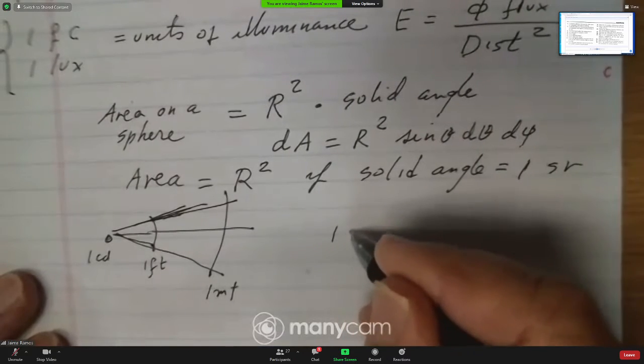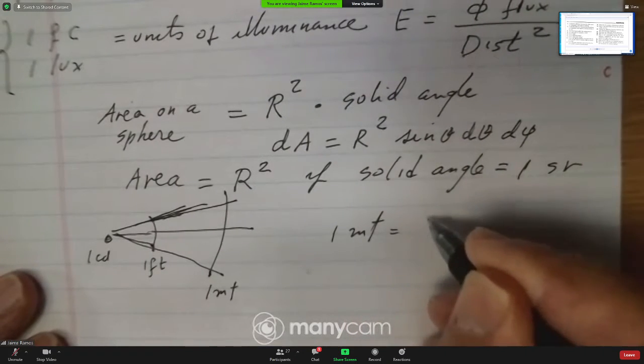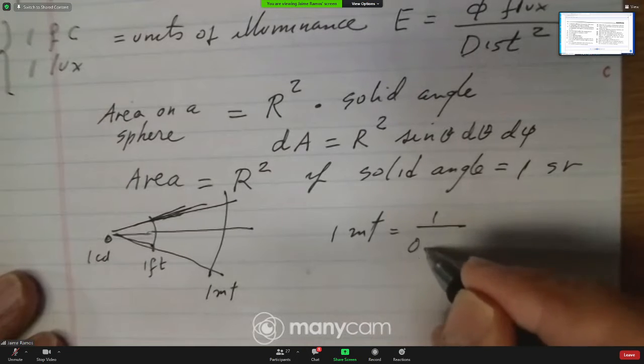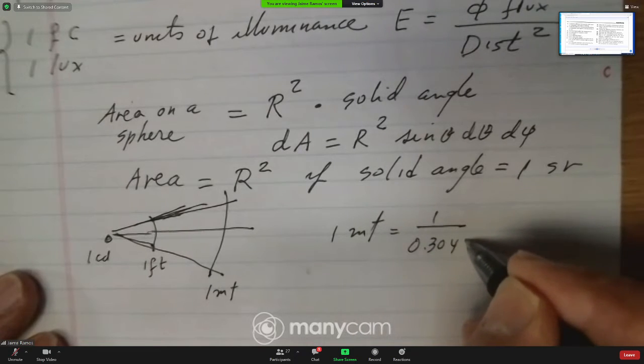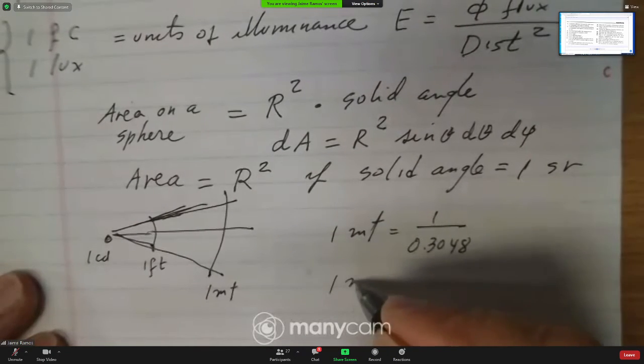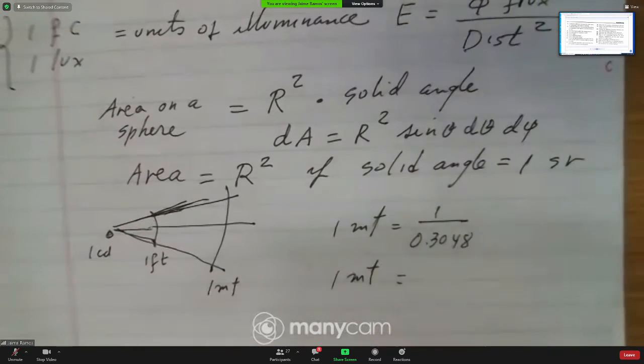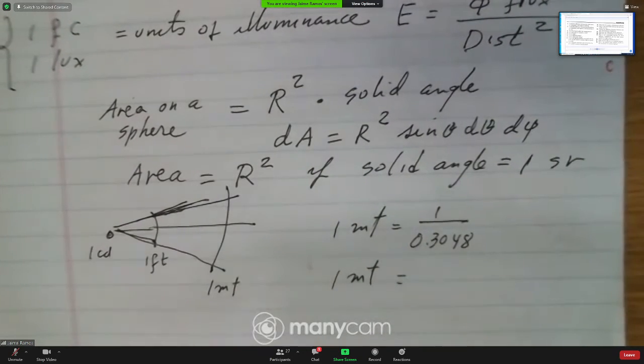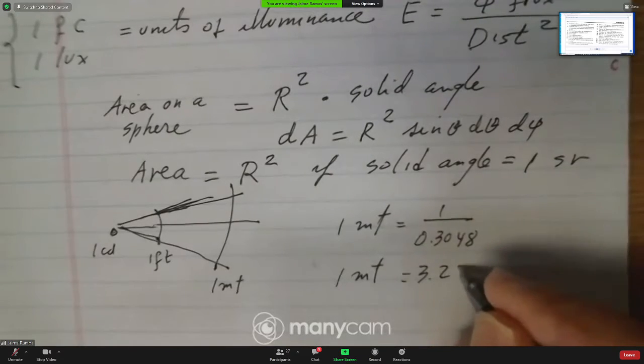So in fact, 1 meter is equal to 1 over 0.3048. So 1 meter is equal to the inverse, and that number is 3.28 feet.